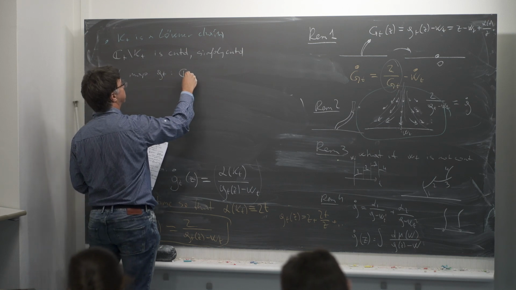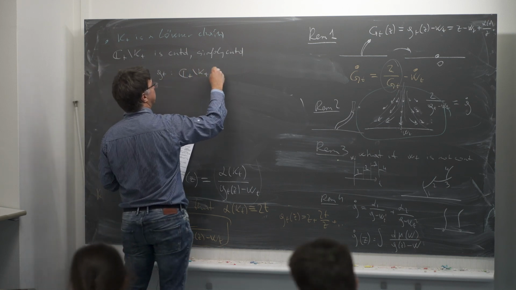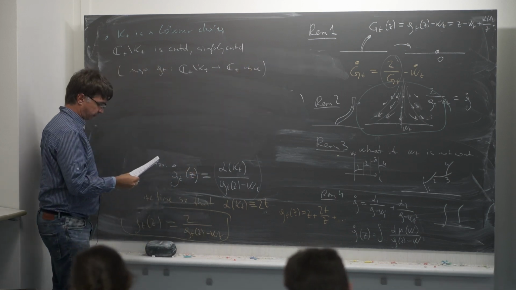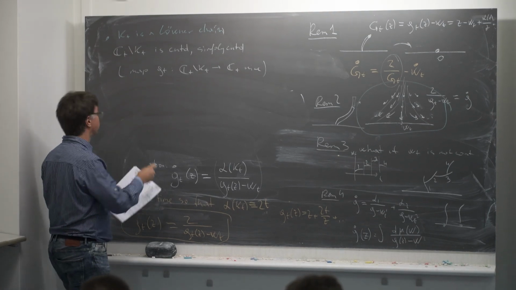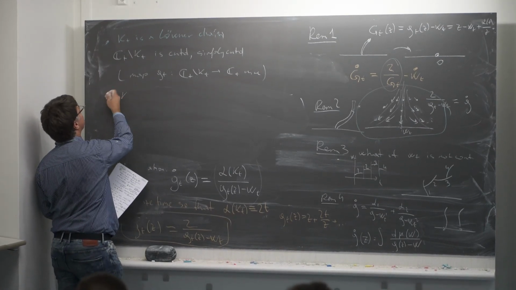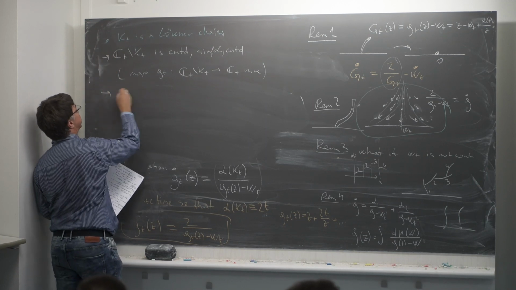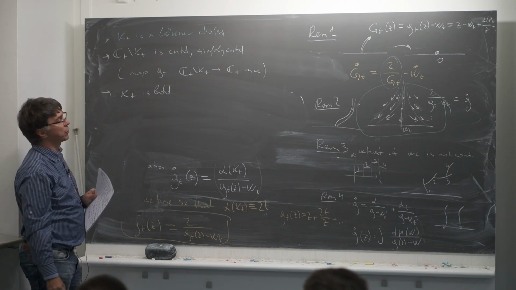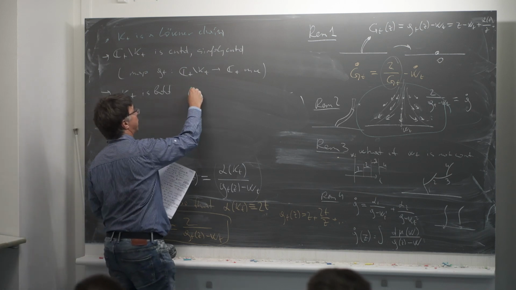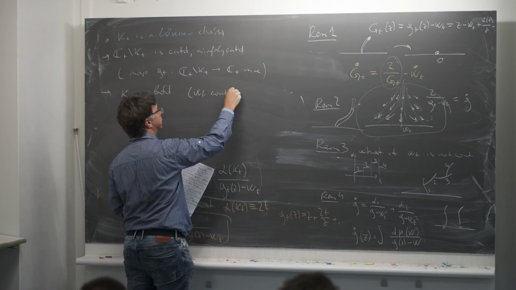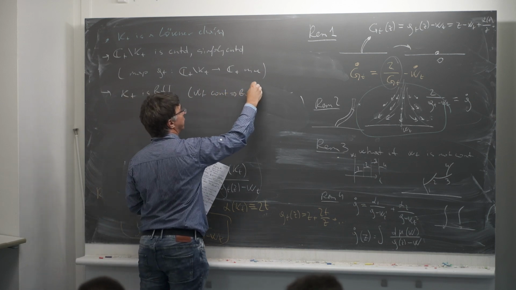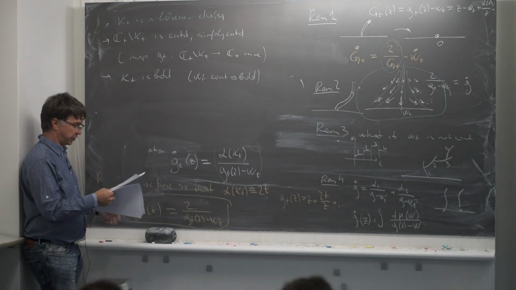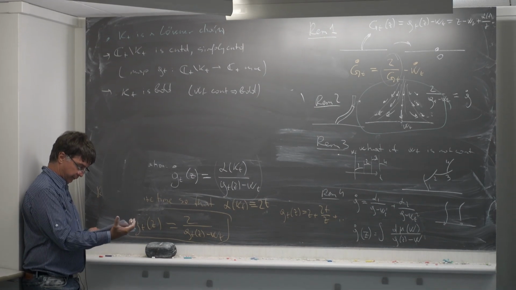Then K_t, this is the first part, K_t is bounded. This is just because w_t is continuous and hence bounded. So if you solve an ordinary differential equation and you bound everything there, you can see that you can eat up only a bounded part of the thing.